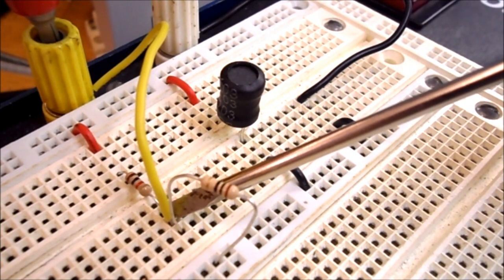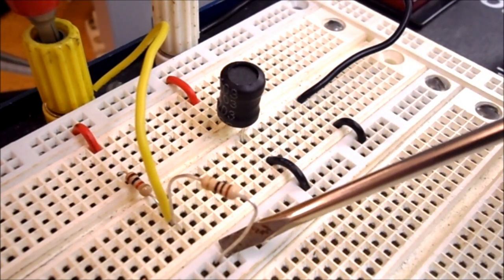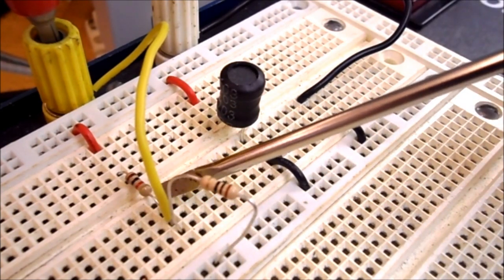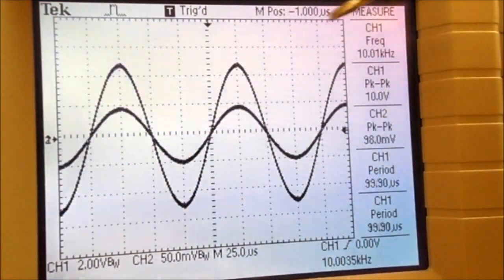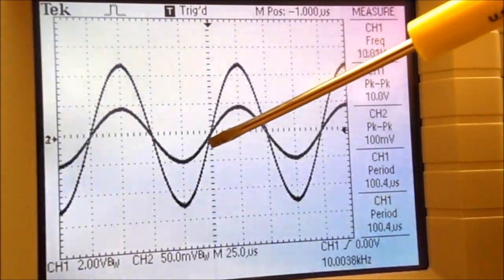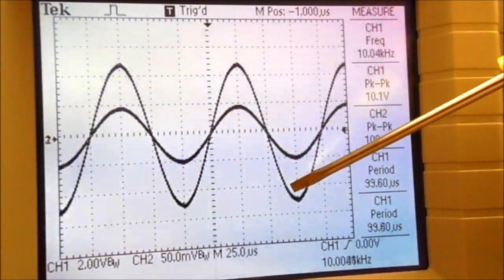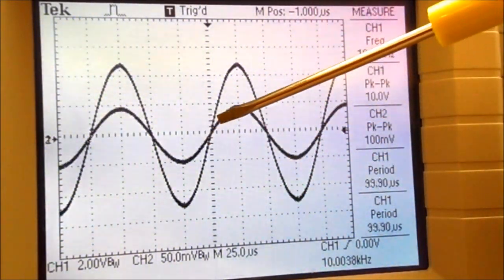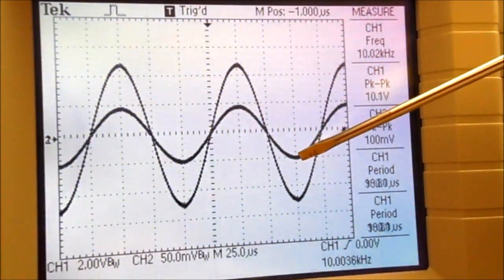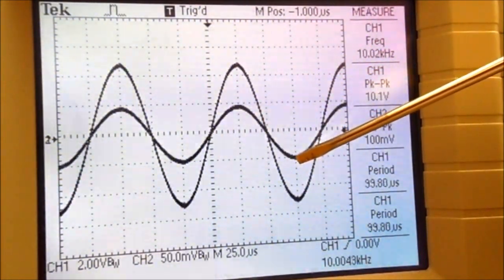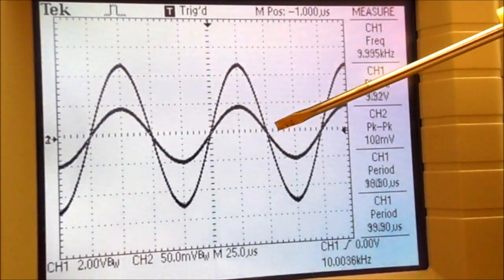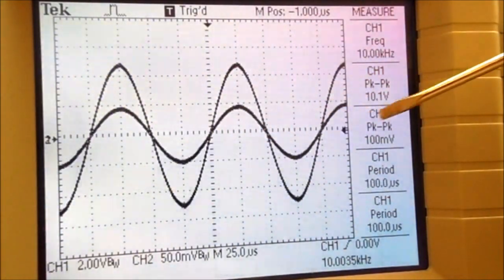So it's looking at the voltage across the 10 ohm resistor, which represents the current going through the 1K ohm resistor. So you can see on the oscilloscope screen, the larger waveform is my applied voltage, the smaller waveform is the current going through the resistor.